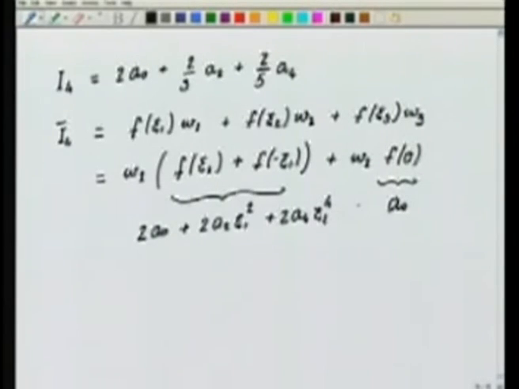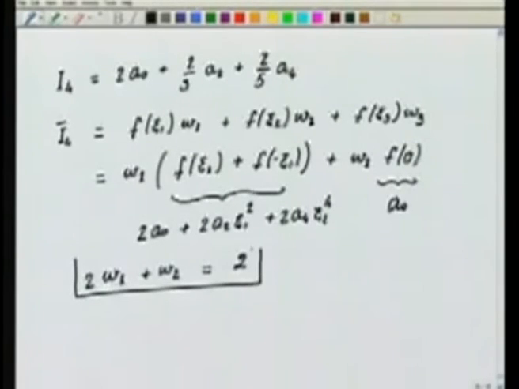So if I match the coefficients, I will get 2W1 plus W2 is equal to 2. This is my first relationship that comes out. Then the coefficient of a2 gives 2/3 is equal to 2 psi1 squared W1.